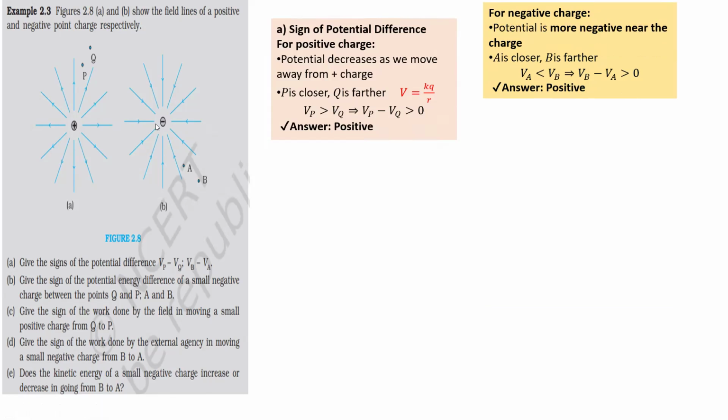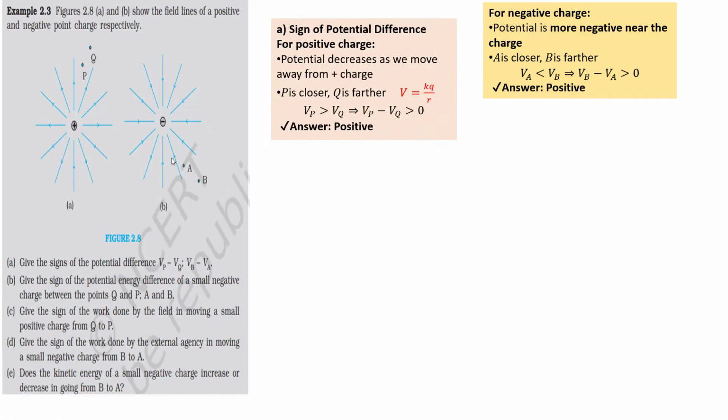Now you should be very careful because at the center, a negative charge is kept. Potential at A, in the first case, what you have written, near point the potential is more. Yes, potential at A is more than potential at B if it is a positive charge. Now, if it is a negative charge, there is a negative sign.